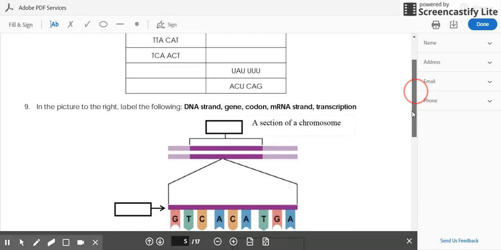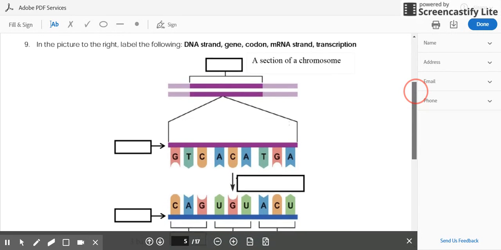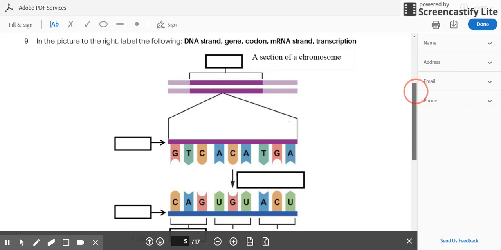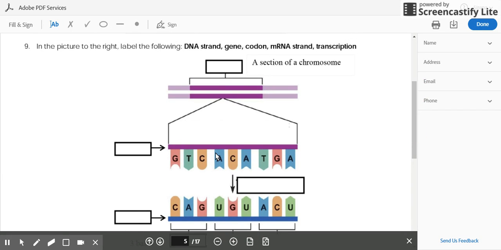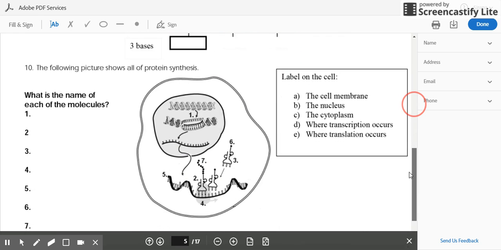In number 9 on page 66, you had to label the following. The DNA strand will of course be this one because it has T in it. A gene is a part of a DNA, and I'll let you guys fill out the rest.